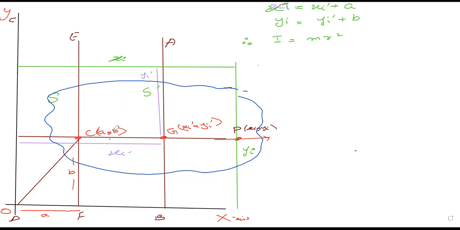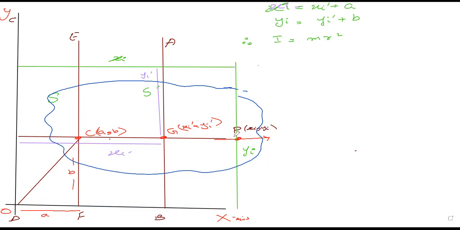To calculate the rotational inertia of the lamina about some axis z, which is perpendicular to both axes, outward from the plane, passing through the origin and perpendicular to this plane. I can't draw it here in 3D, so there is some z-axis.